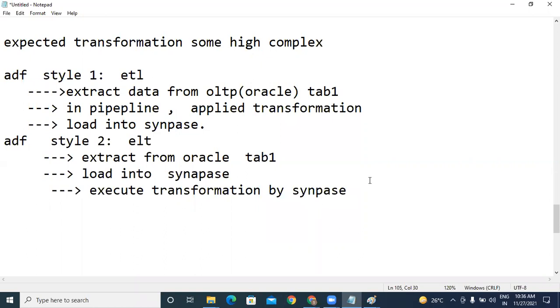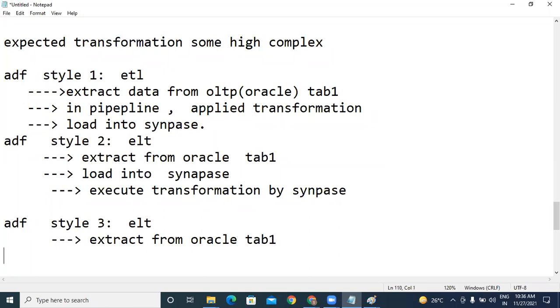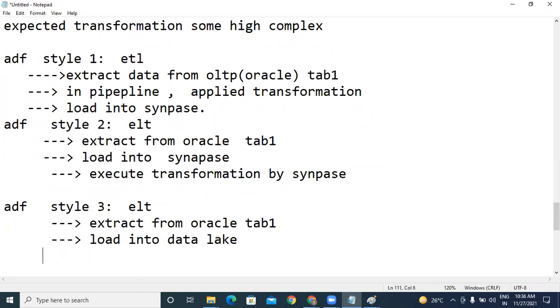Again, I am coming to type 3, ADF work style 3. I am treating this as ELT, but changing things. Extract from Oracle tab, first step is common. Load into data lake using Databricks.